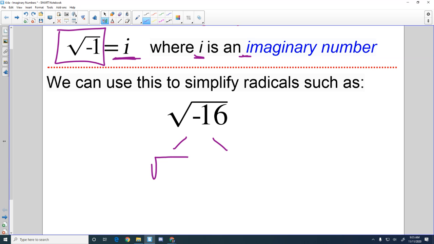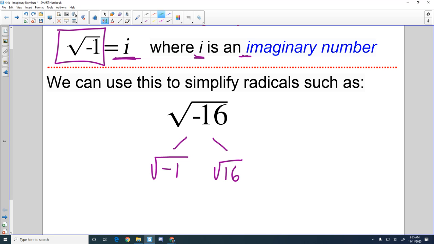What if I break up the square root of -16 into the square root of -1 times the square root of 16? We're allowed to do that, right? Because -1 times 16 gives -16. By separating it out, we actually can solve this now.